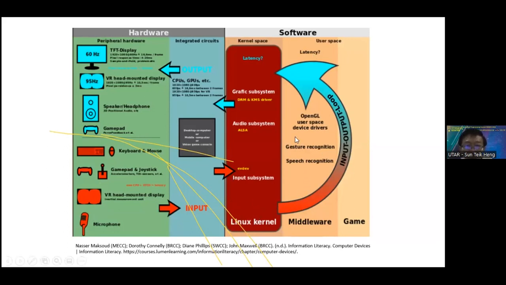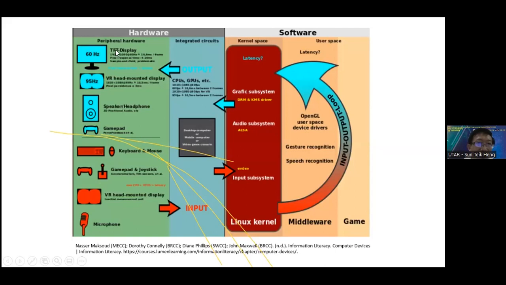So in our computer, we have this Linux operating system, which has an input subsystem to obtain the input from the user and give it to the CPU or the GPU so that they are able to process the input and produce the output to the various output devices.